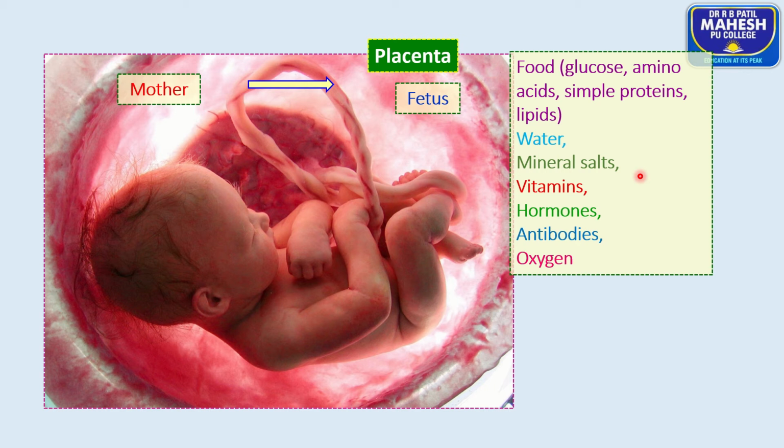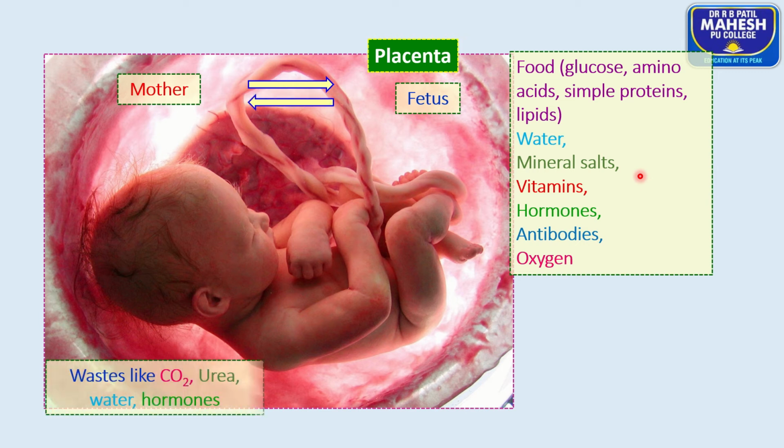It supplies food or nutrients such as glucose, amino acids, simple proteins, lipids, water, mineral salts, vitamins, hormones, antibodies, and oxygen from the maternal blood into the fetal blood. So the first function is that it acts as a fetal alimentary canal. It transports nutrients from maternal blood into the fetal blood.